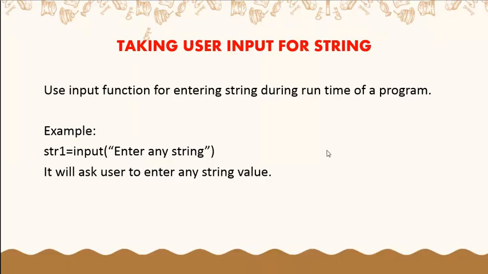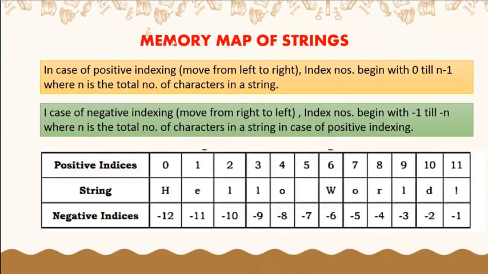Next you can see the memory map of a string. It should be remembered that a string is a collection of one or more characters. How these characters are stored in memory is shown here. Each character has an individual index number.